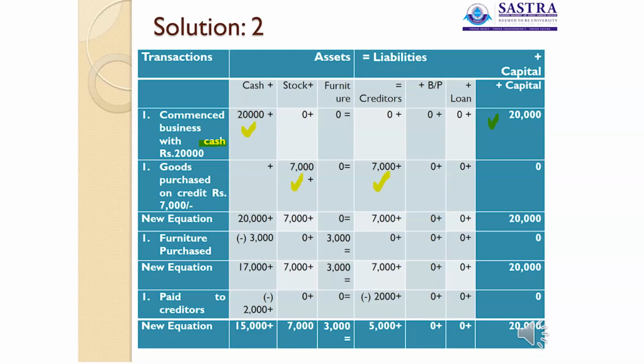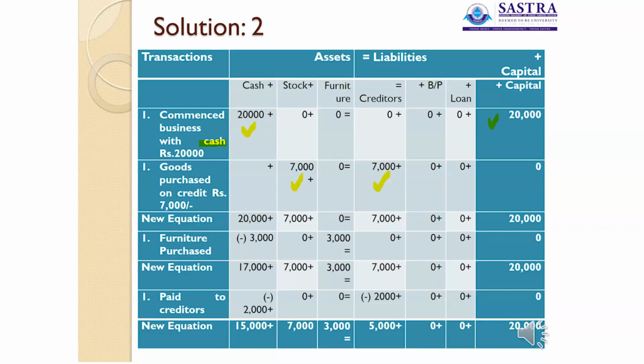Now you have to apply the procedure. So here 20,000 plus 7,000, 27,000. Liability side 7,000 plus 20,000, 27,000. So 27,000 is equal to 27,000. Here the accounting equation is proved. Is it clear?